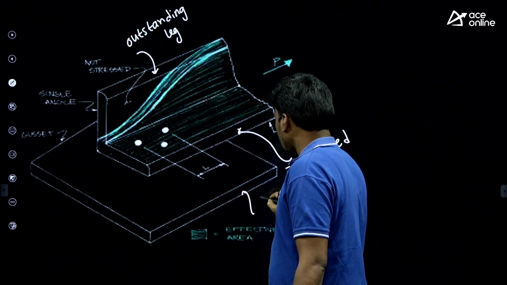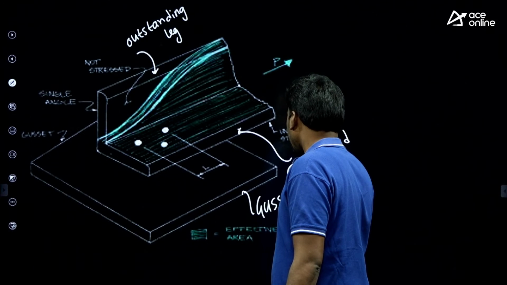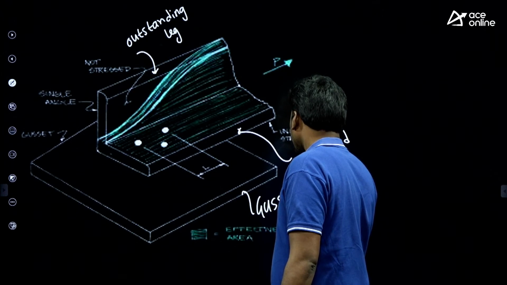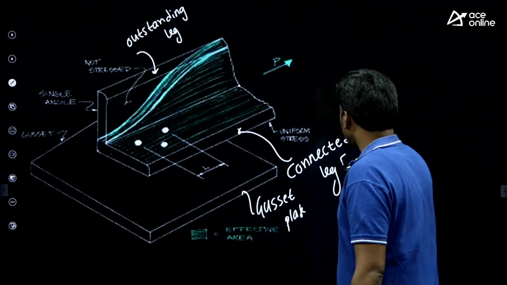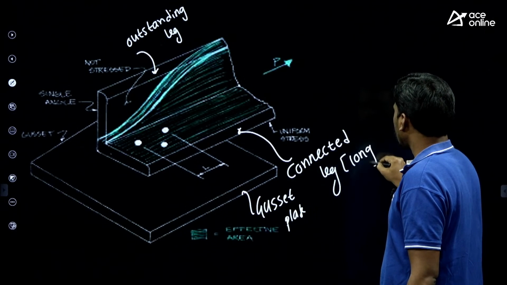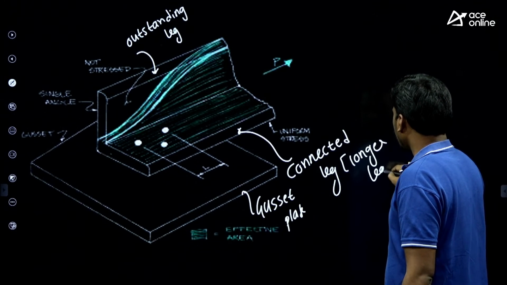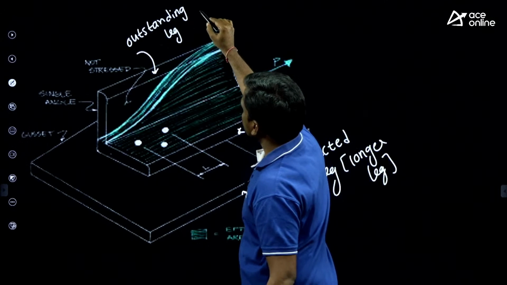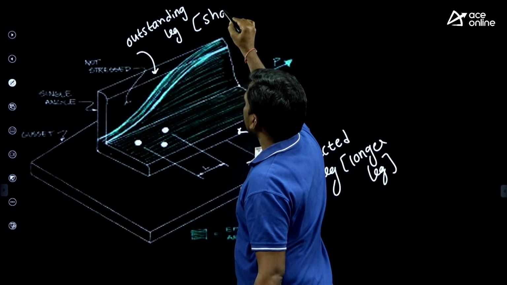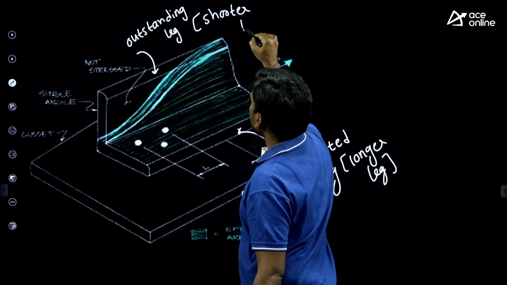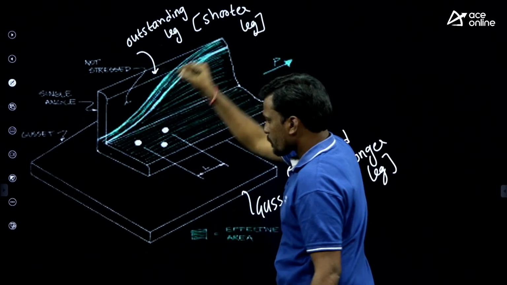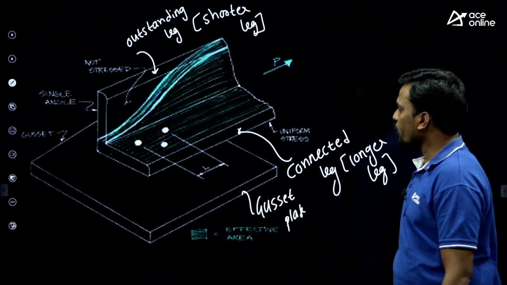And what is this called? This is the gusset plate. It means this is the longer leg and this is the shorter leg. Yes or no? Okay, right.